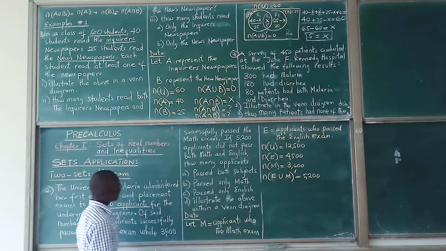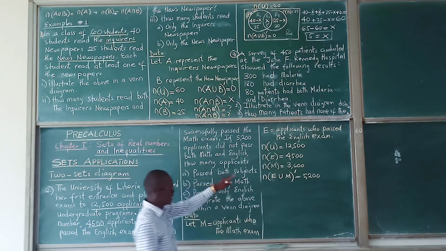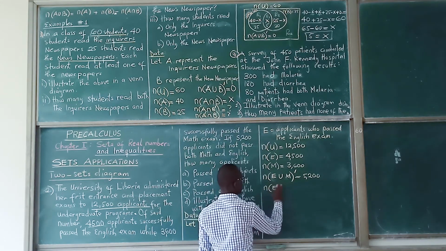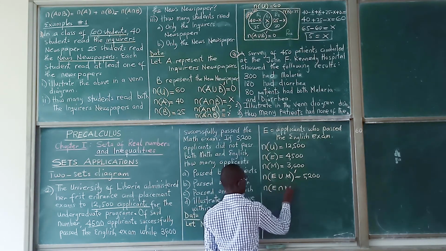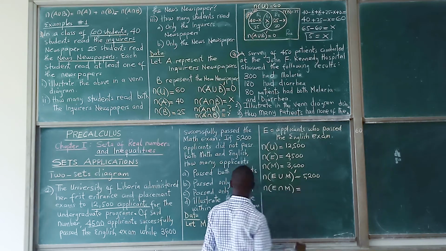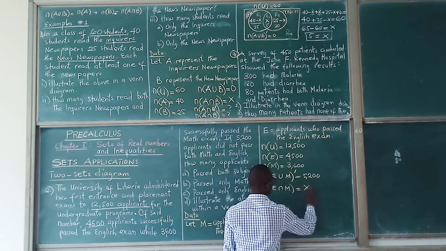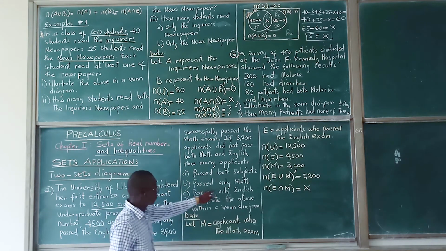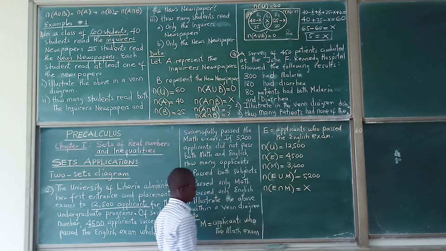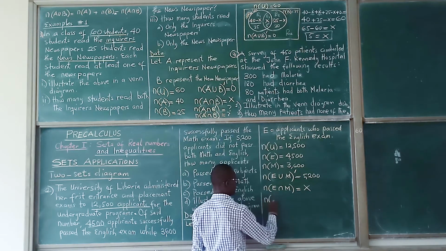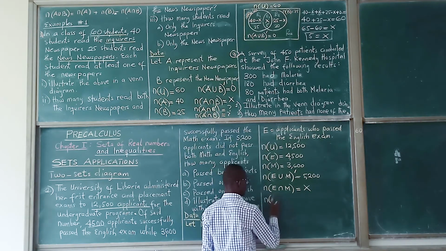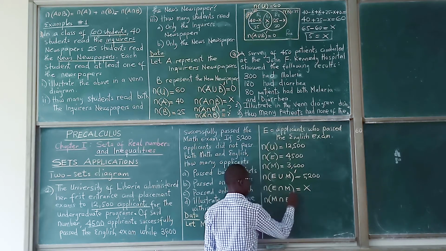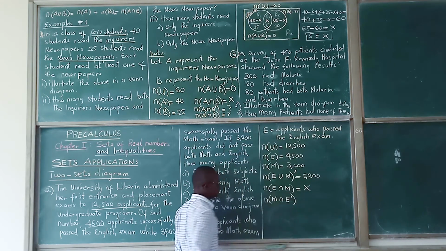So now the question is, how many applicants passed both exams? Meaning the number of students that pass both, English intersect math, is equal to an unknown variable represented by x. How many students pass only math? Only math means the number of students that pass math intersect English prime, so you need to exclude the English from there.